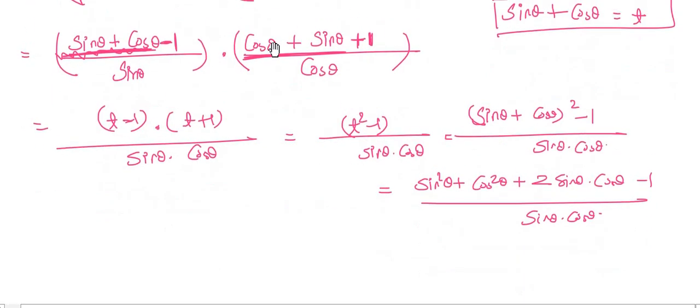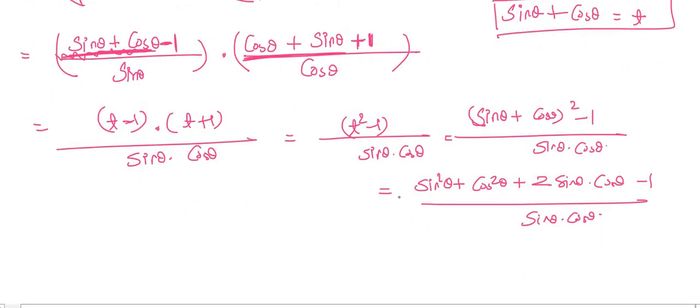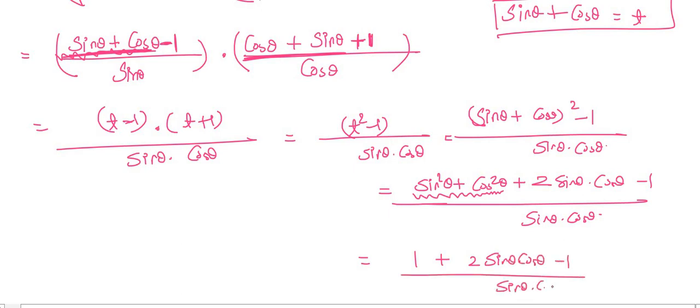Now what can we do? Clearly I can see this pattern. Sin square plus cos square is nothing but 1. I think everybody knows that. So 1 plus 2 sin cos minus 1 by sin cos. Okay, 1 and 1 are cancelling, and what is left over here is 2.